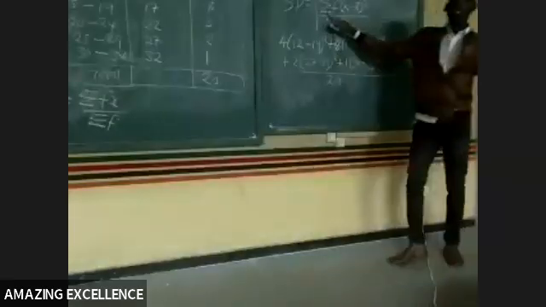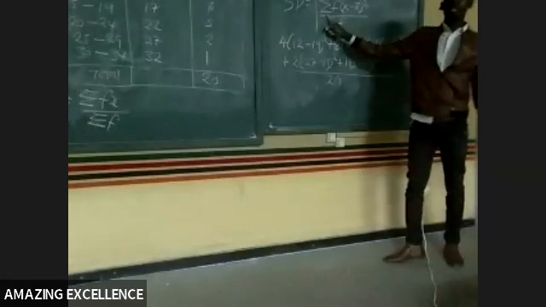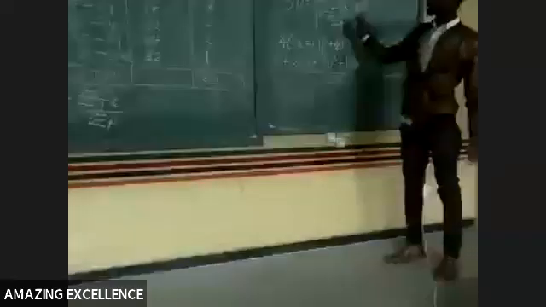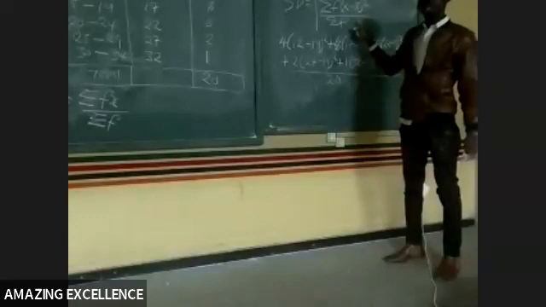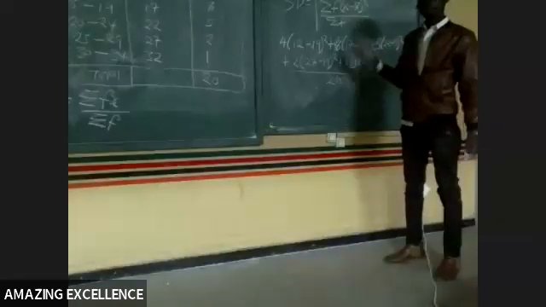Someone wanted me to repeat. The formula says summation. This symbol means summation. You add frequency, open the bracket, the midpoint, which is your x, minus the x bar, the mean, then you square that, and you keep on doing that.